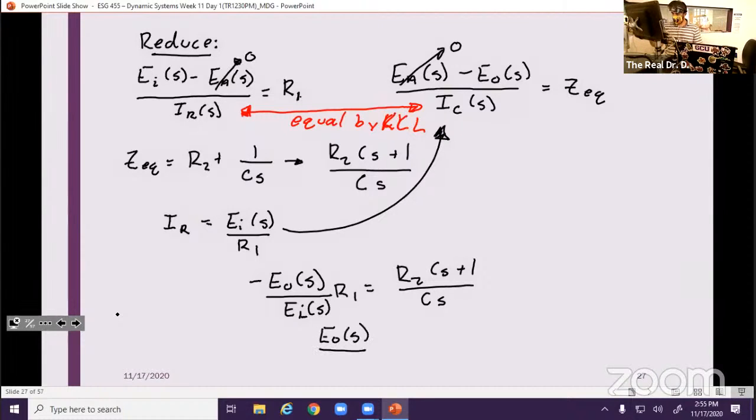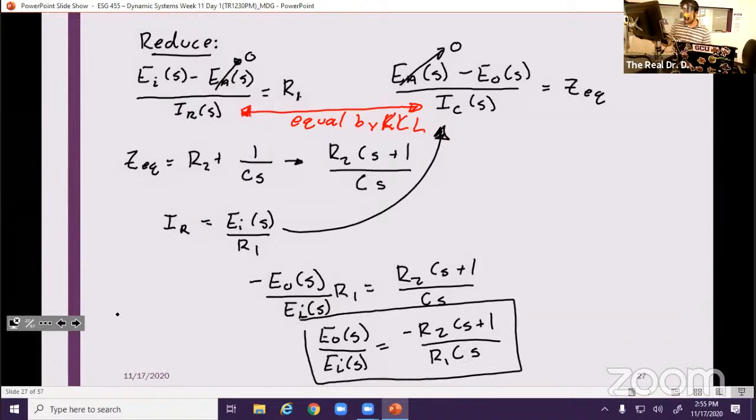Solve this as such. And there we have it.